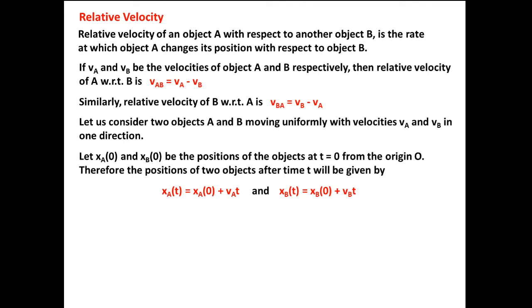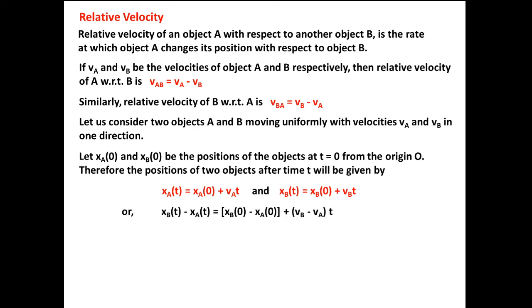So this distance equals OA plus AB, and this distance it is traveling with velocity VA in time t. So we can write x of A at time t equal to x of A at t equal to 0 plus VA into t. Similarly, x of B at time t equals x of B at t equal to 0 plus VB into t.